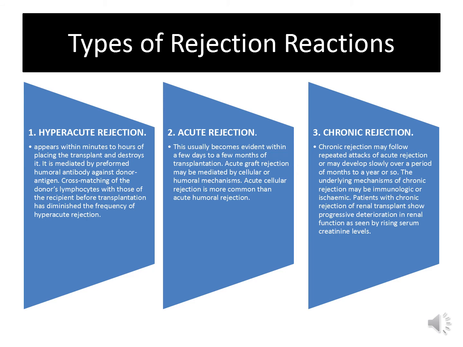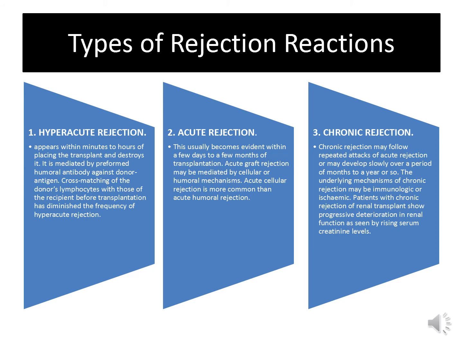The first kind of reaction is hyperacute reaction. It appears within minutes to 2 hours of placing the transplant and destroys it. This reaction is mediated by preformed humoral antibody against donor antigen.